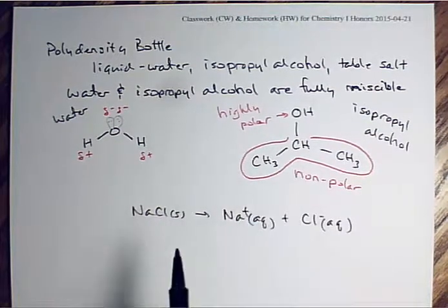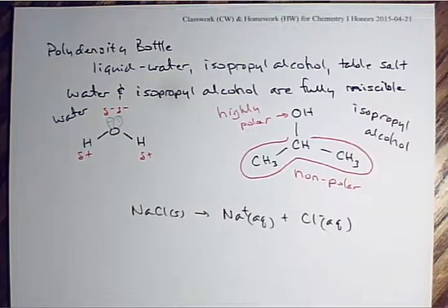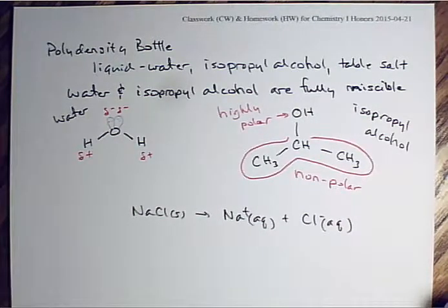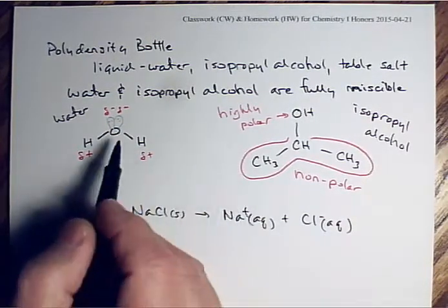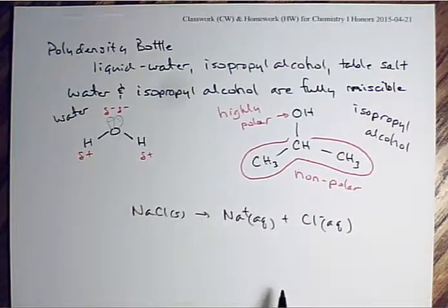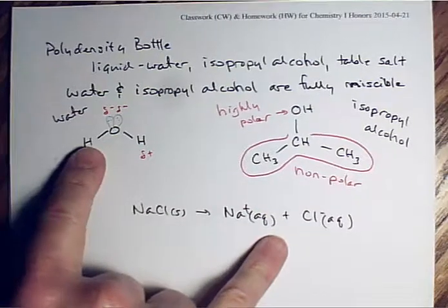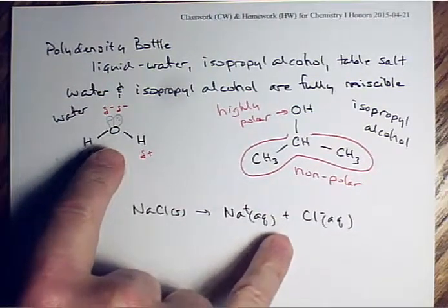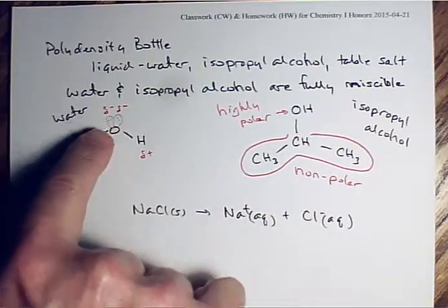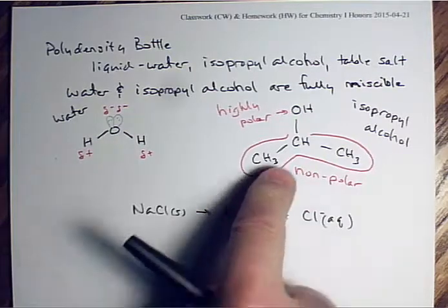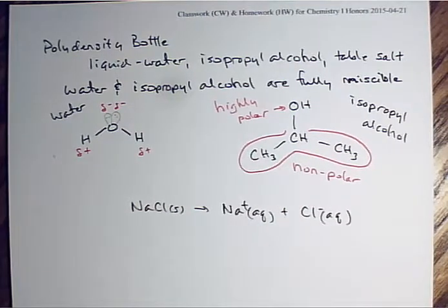And it goes to the bottom. The isopropyl alcohol goes to the top. Does that make sense? And so this is a selective dissolution here. A selective dissolving. Because charged particles are more attracted to the highly polar water molecule than to the isopropyl molecule.